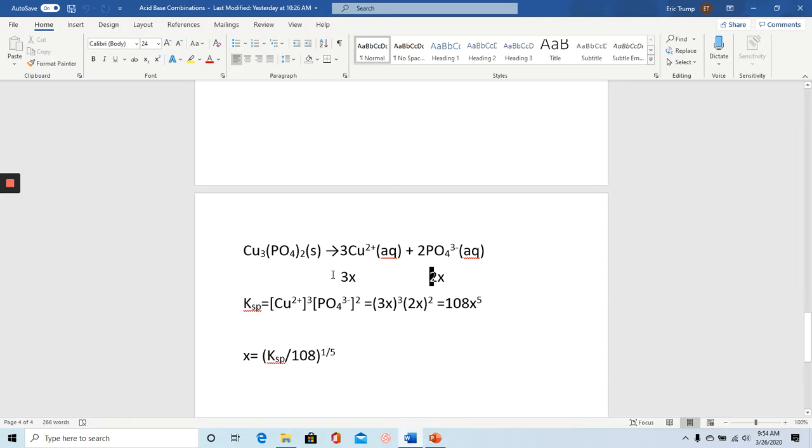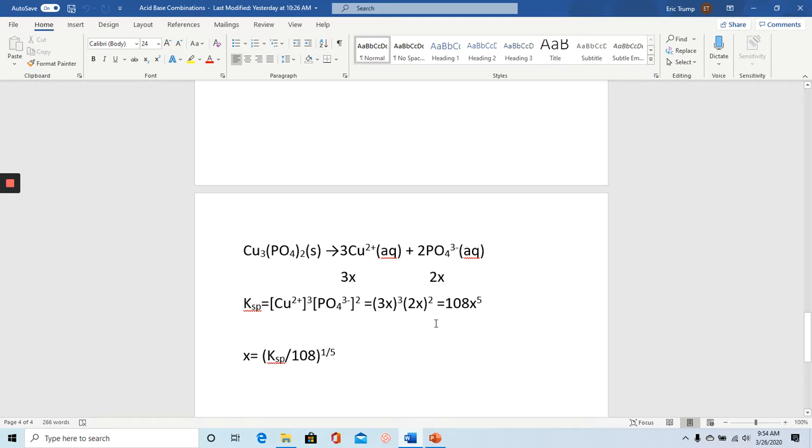Okay, in this case, we would designate copper as 3X and phosphate as 2X. This is the expression for the KSP, as copper 2 is cubed, phosphate is squared. We would substitute 3X in for copper and 2X in for phosphate. So we would cube 3X and we would square 2X.